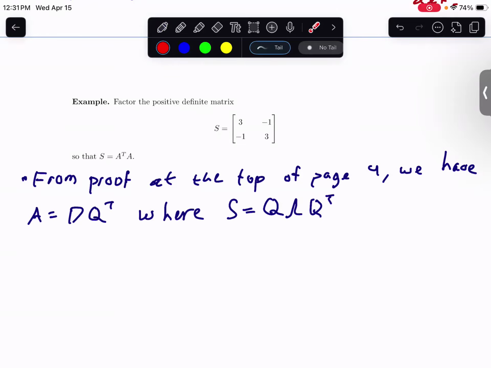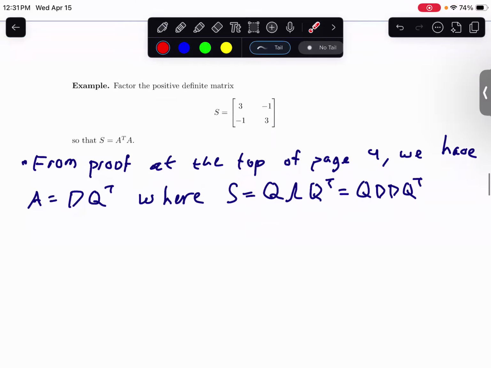Again, this is the eigen decomposition, or the diagonalization of S, because S is symmetric. So we know we can diagonalize it using these kinds of matrices. And then you can rewrite lambda as D times Q transpose. That's where this D comes from, and that's where the Q comes from. It's the eigen decomposition.